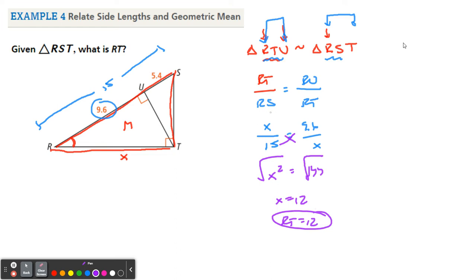In this case, because we used RT twice, RT would have been the geometric mean if I try to connect it to this geometric mean idea. And RT is a leg of the big triangle. So the next theorem I'm going to introduce is the geometric mean involving the leg of the big right triangle.